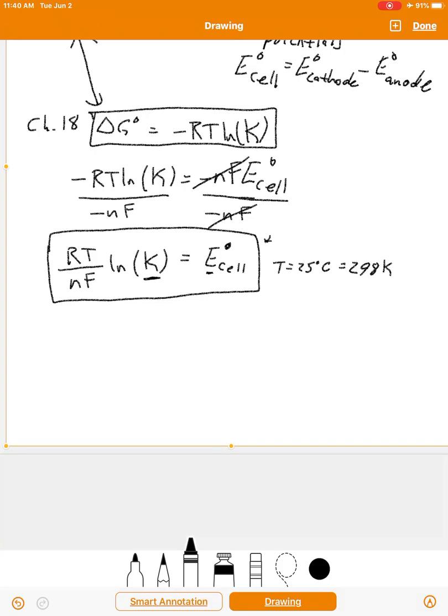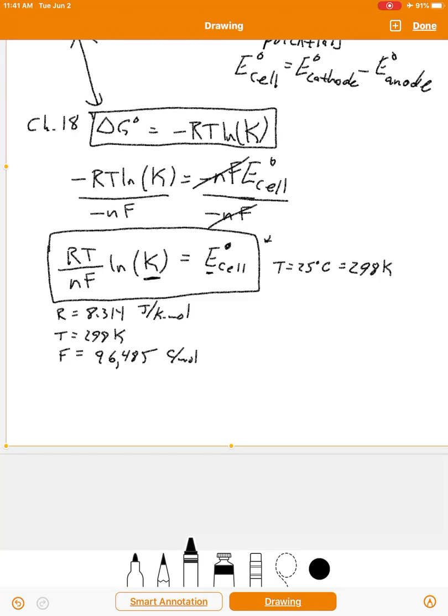We could modify this equation a little bit. I'm going to put in the value of R, 8.314 joules per kelvin mole, the value of T, 298 Kelvin, and the value of F. I'm going to use a couple extra sig figs, not 96,500, but 96,485. It doesn't really matter, but I'll use some more sig figs. And that was coulombs per mole.